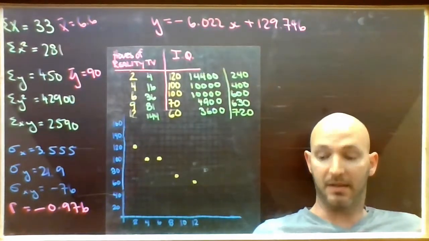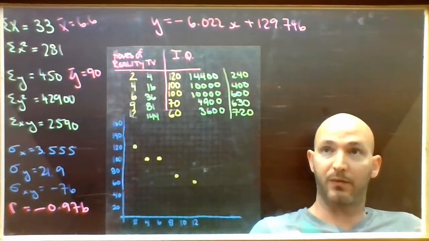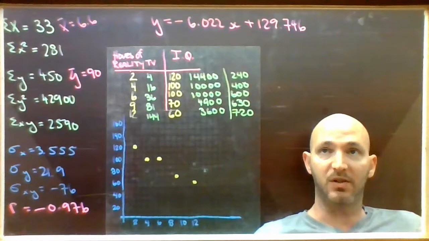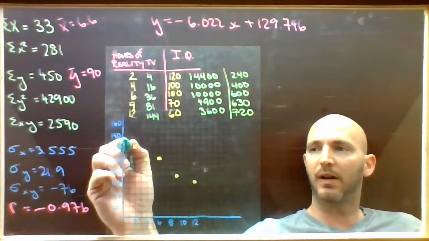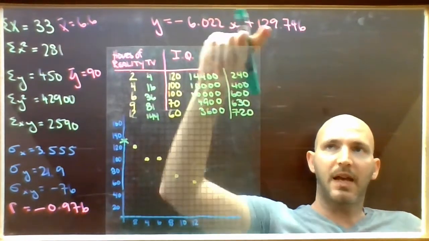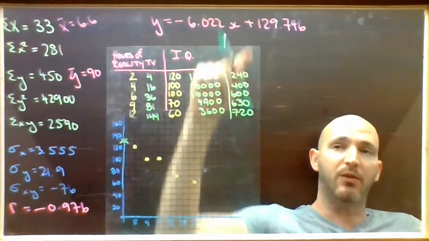So if I were to plot this particular line, you just go look at my data set, and I'm going to find the y-intercept of 129. That's awfully close to 130, so that's somewhere around here. And then from that y-intercept of almost 130, I have to drop 6 for every x that goes by.